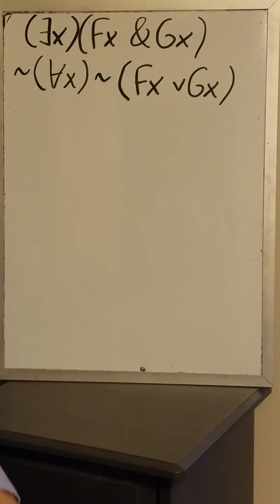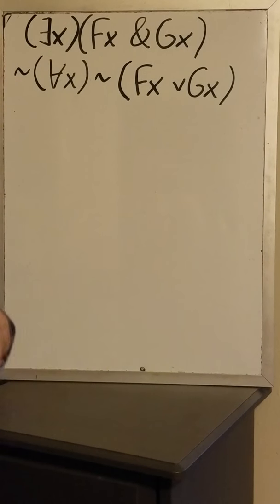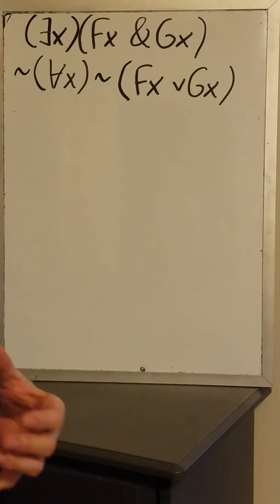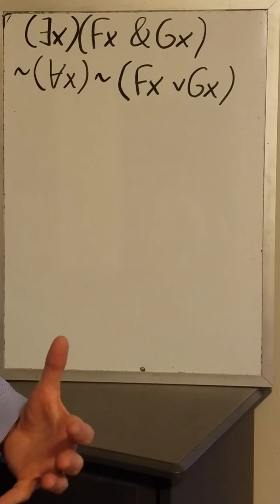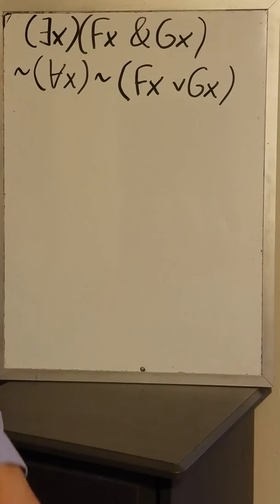But what we can do is show them to be not quantificationally equivalent by building an interpretation that gives them different truth values, that would make one of them true and one of them false. That'll establish that they're definitely not equivalent. If you think that they are equivalent, you would need a derivation in order to prove that, and we'll see how to do that tomorrow.